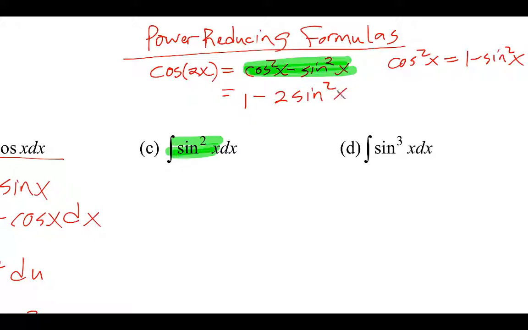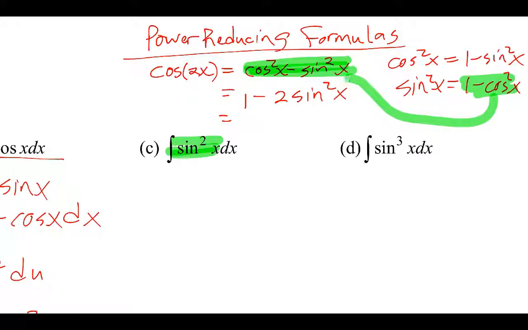Remember all these? It's been ages. You had a list. You didn't have to memorize them, you just had them on a sheet. If you take out sine squared and put in 1 minus cosine squared, and simplify a little bit, you get 2 cos squared x minus 1 on the other side.